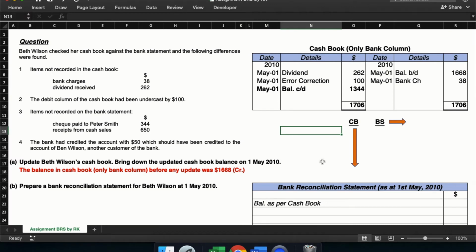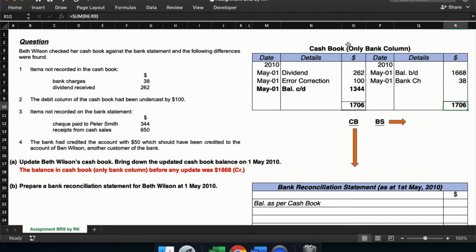In the previous video we have seen how to update the cash book and we found the updated balance, which was $1344, and it was a credit balance because the total of credit was more than the total of debit. So we got the credit balance $1344. It means in the cash book the bank column is showing a credit balance, and that is basically a bank overdraft.